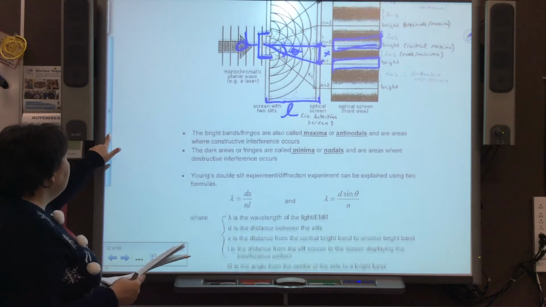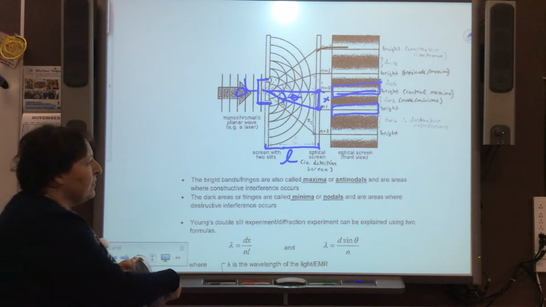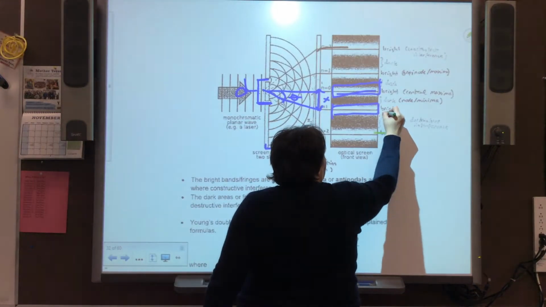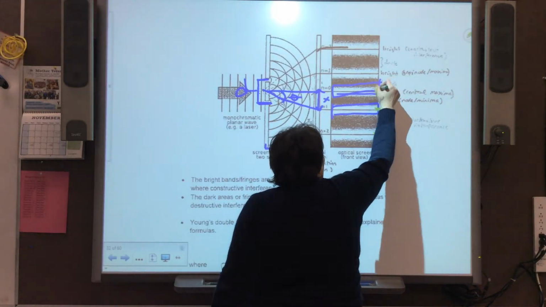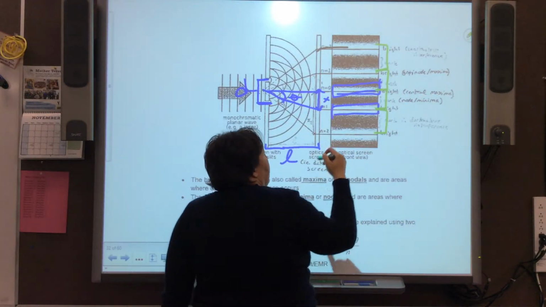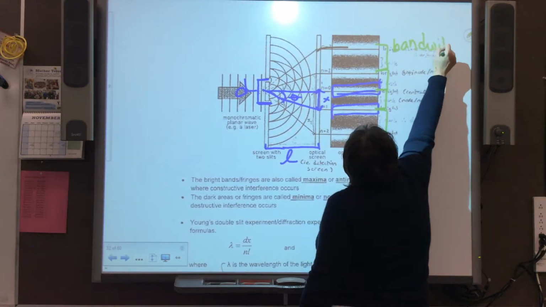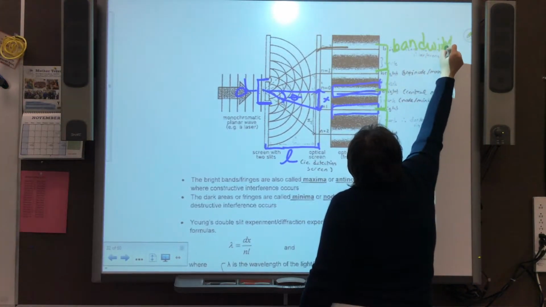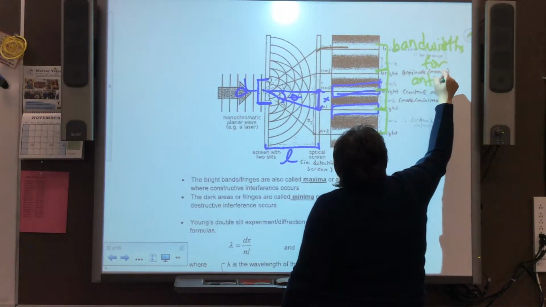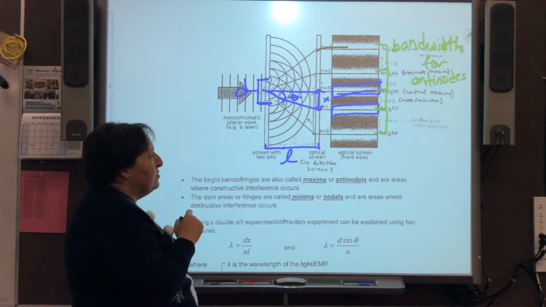The other thing that we need to know is the order of the bands. So here, from here to here, from here to here, these are bandwidths, bandwidths for antinodes.